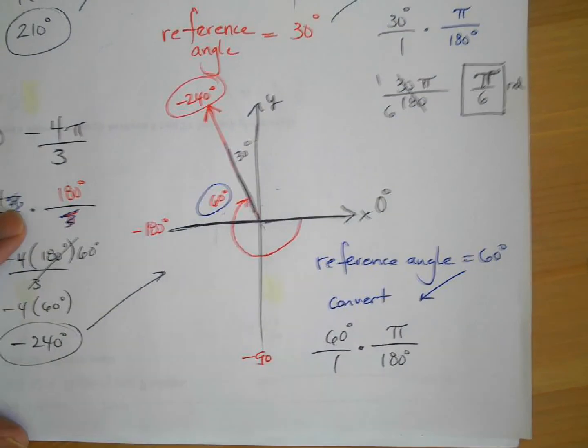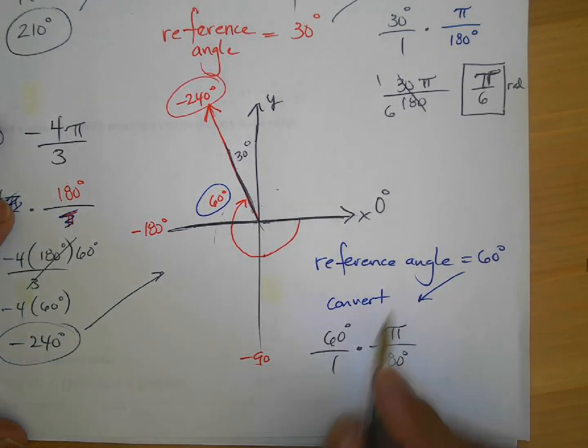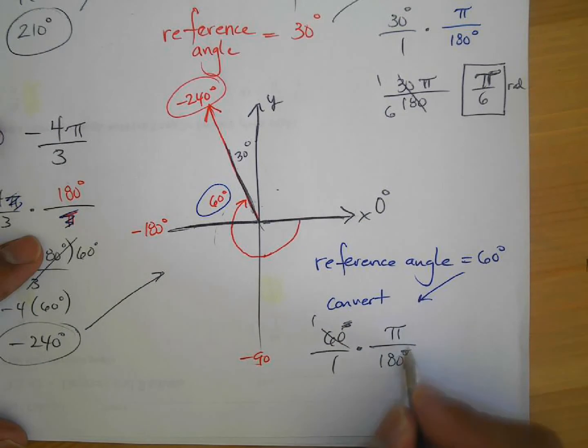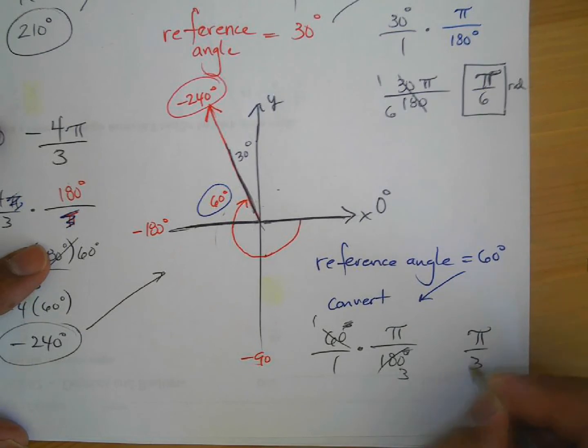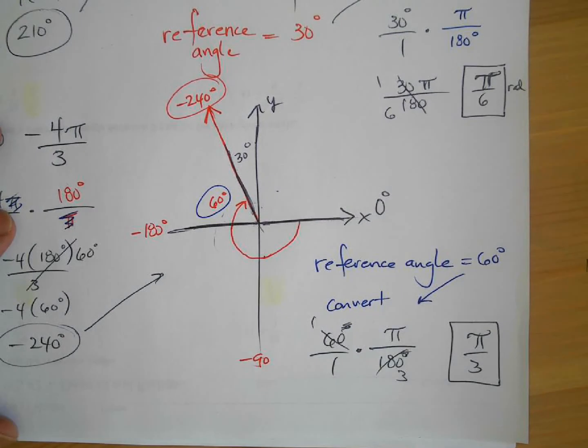That's a conversion relationship that we learned. And you're going to get an answer of what? Well, the degrees will cancel. The 60 and the 180 will also reduce to 1 and 3. So your answer, 60 degrees, is equivalent to what? Pi over 3. That's the reference angle.